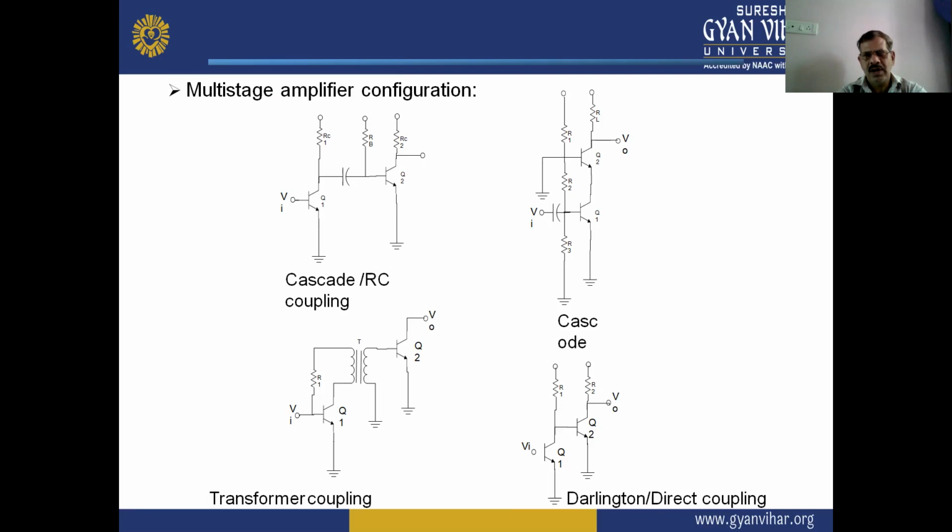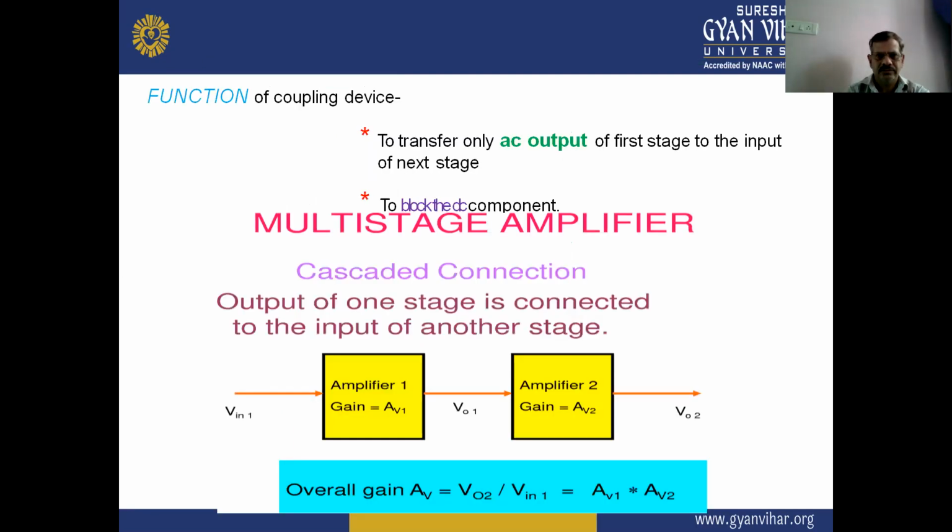These two amplifiers are connected in cascade coupling configuration. So the function of the coupling device is to transfer only the AC output of the first stage to the input of the next stage.